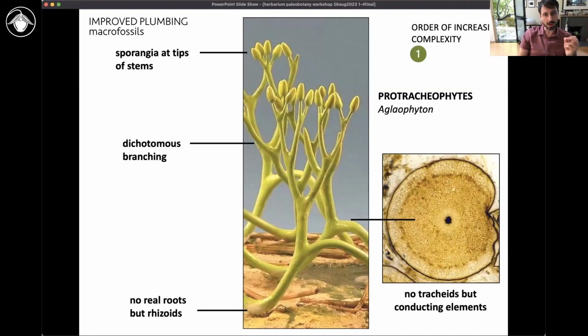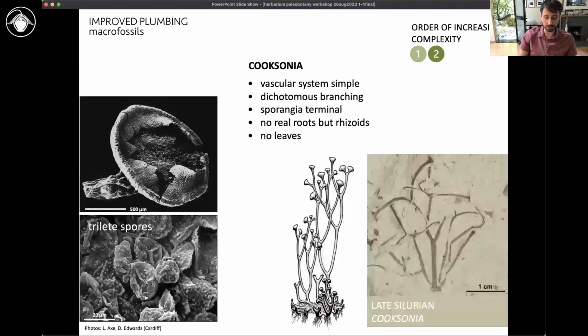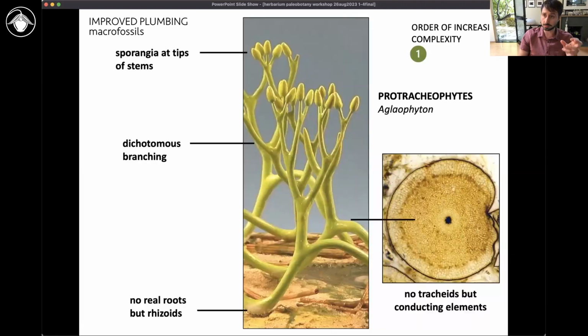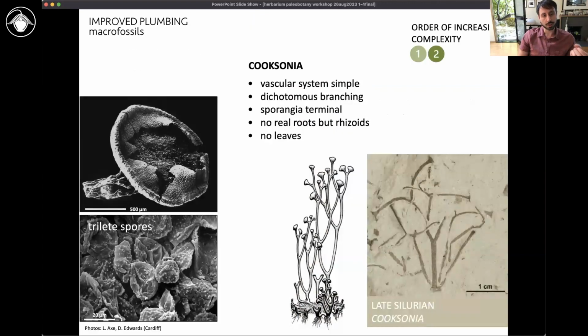The main thing about them that we want to bear in mind is that they have no tracheids, specialized water conducting cells, but they do have a less specialized conducting element that you can find associated with their fossils. And here we can see more of Cooksonia.